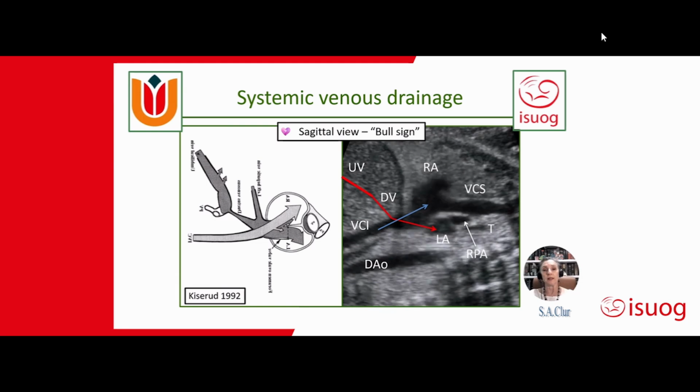And here we see the bull's horn sign, sagittal cut, that shows us the vena cava inferior draining into the right atrium and the vena cava superior draining into the right atrium. And that is a passage of desaturated blood. Oxygenated blood comes through the umbilical vein, through the ductus venosus, and crosses across the foramen ovale, entering the left atrium, which we can also see in this video.